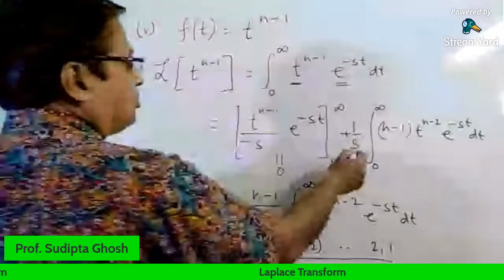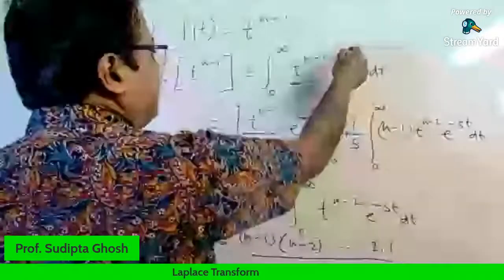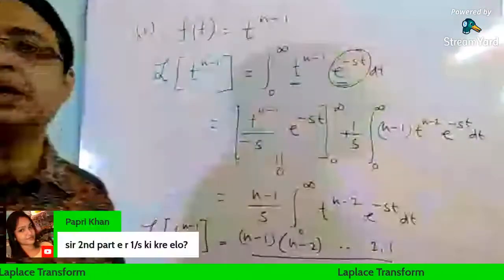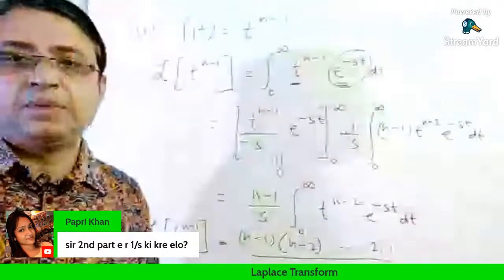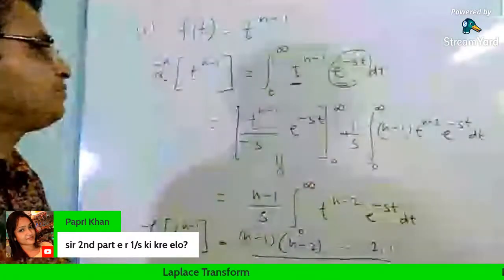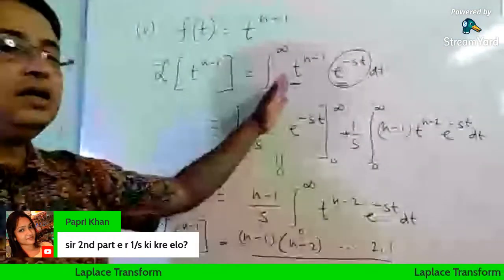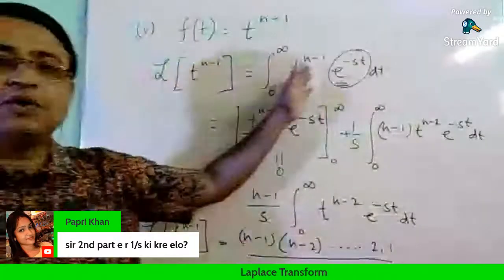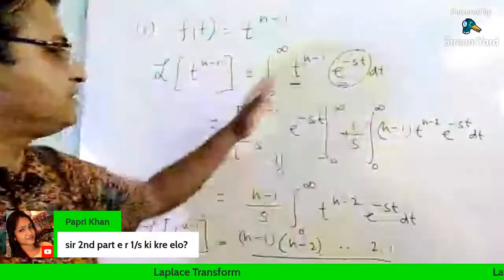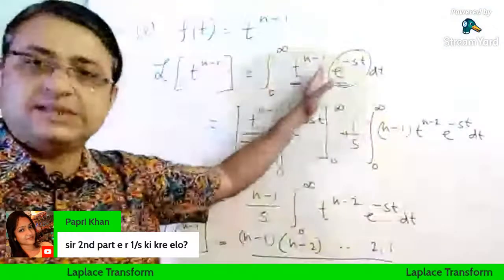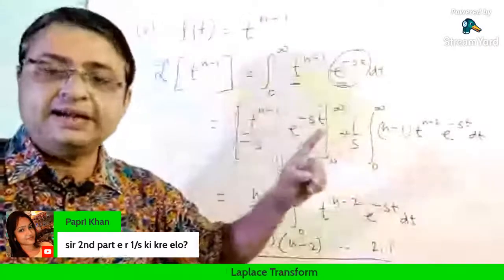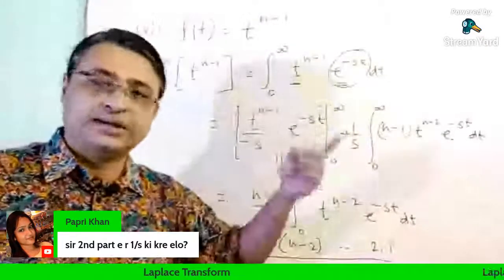So the 1 by s comes from the integration of the second function, that is e to the power minus of st. If you go on integrating by parts, then what is the formula of integrating by parts? That is first function integral of the second minus differential of the first integral of the second and whole integration.